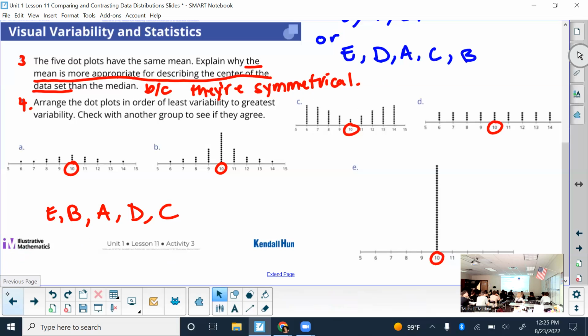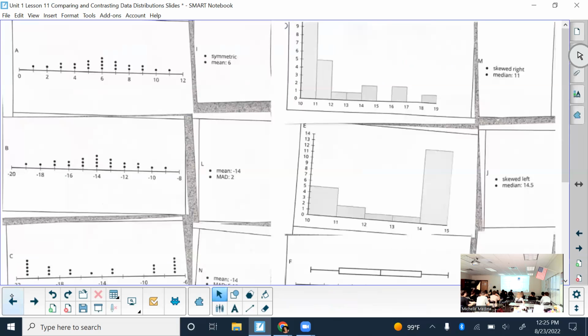All right, now for the card sort. So here are your results. I took a picture of it, and I'll explain it while you check. A matches up with I, so the big one matched up with the little one.